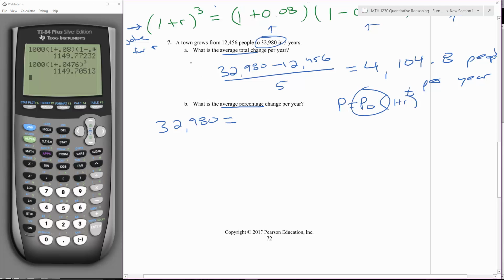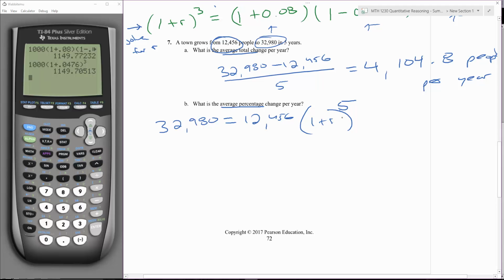P naught is my initial value, which is what we started with, 12,456. Then we'd have 1 plus r. Let me go ahead and erase this so it's out of the way. This is raised to the T power, and the T here would be 5 years, so I'd put a 5.